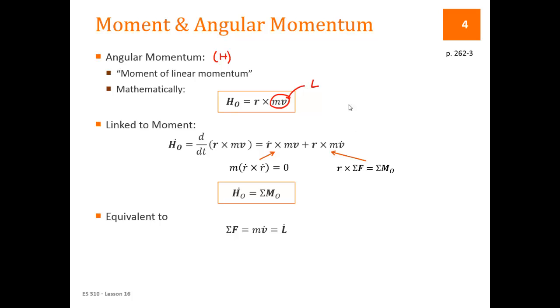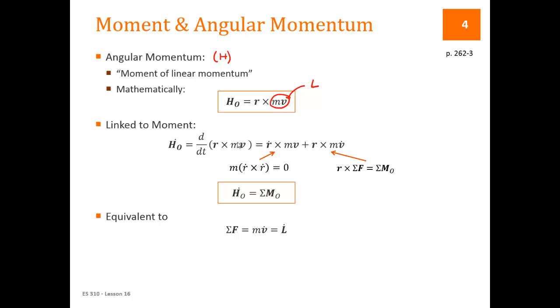Now we want to be able to relate this angular momentum to the moment. To do that, we do a little bit of math. Let's take our definition of angular momentum and take the time derivative of both sides. So we get H dot, which is the simpler version of writing the time derivative, and then we've got the time derivative of a cross product.